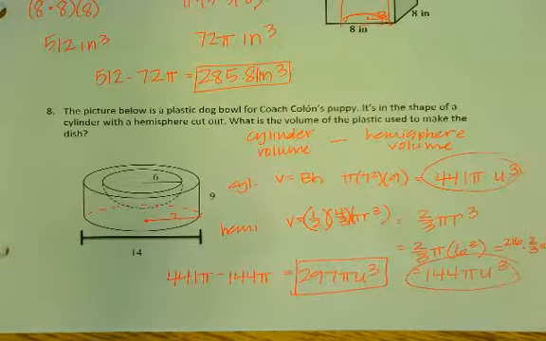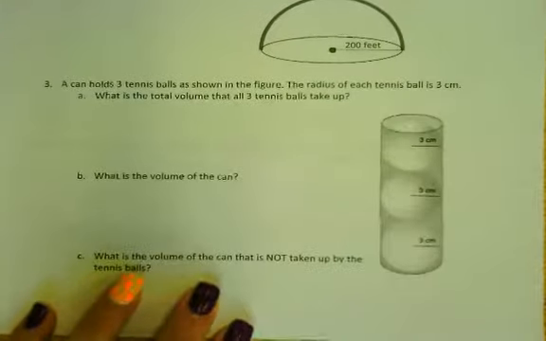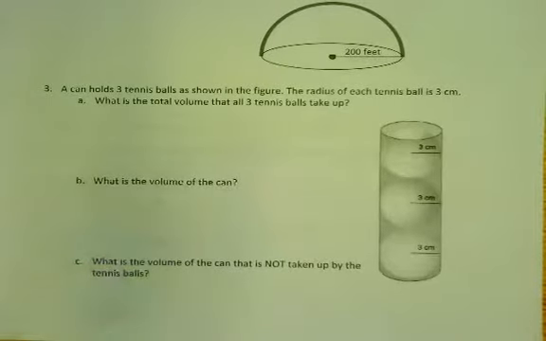Okay, on your homework real quick, look at number 3. A can holds 3 tennis balls as shown in the figure. The radius of each tennis ball is 3 centimeters. What is the total volume that all 3 tennis balls take up? How would you go about solving that? You would find the volume of 1 and then times 3. Okay?